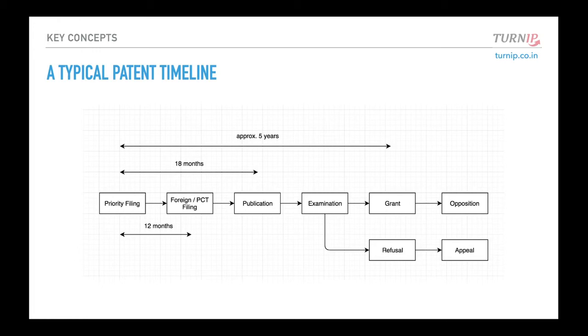Even after grant, there are some uncertainties. Any third party can oppose a patent, and even if you get a decision against you, you can fight the refusal of a patent. You can file appeals. Even a third party can file appeals. This appeal period can go up to 5 years.